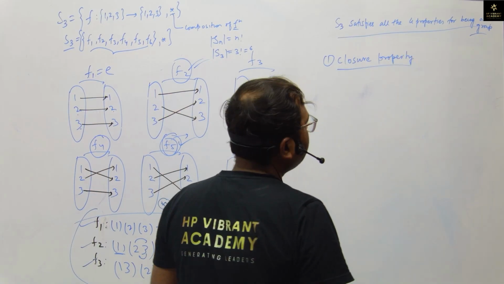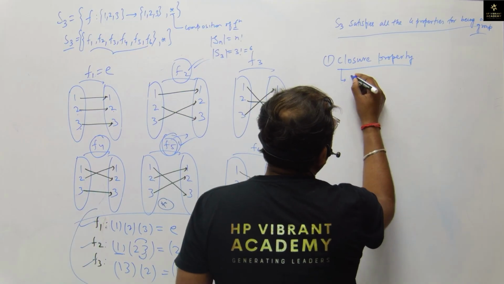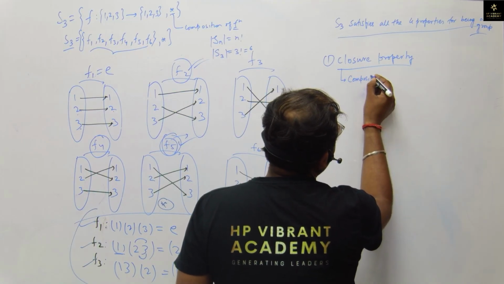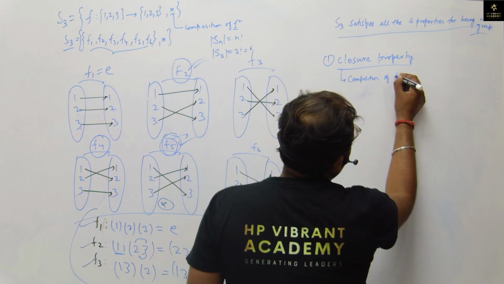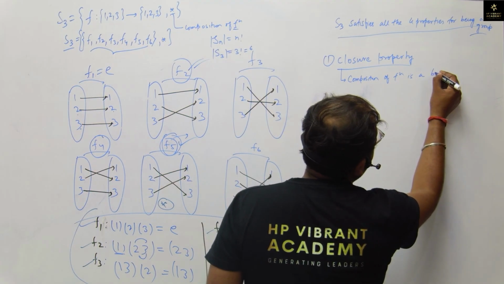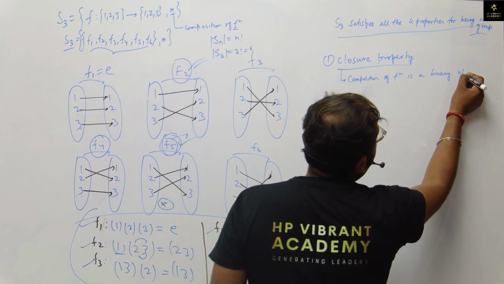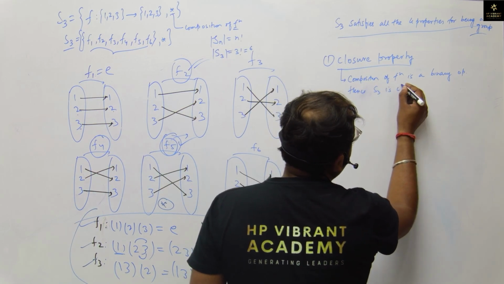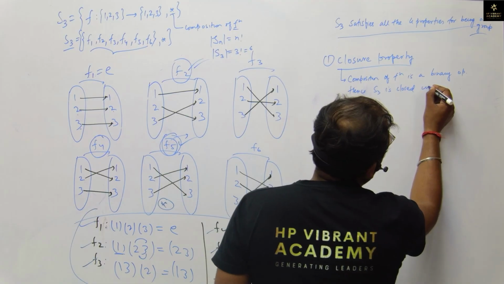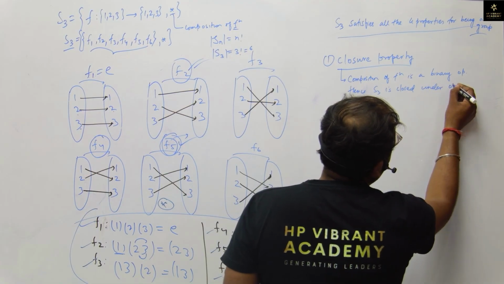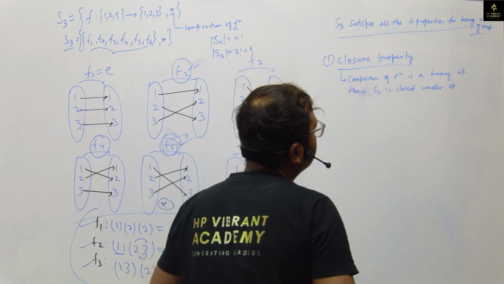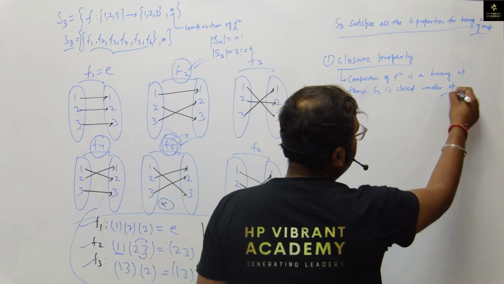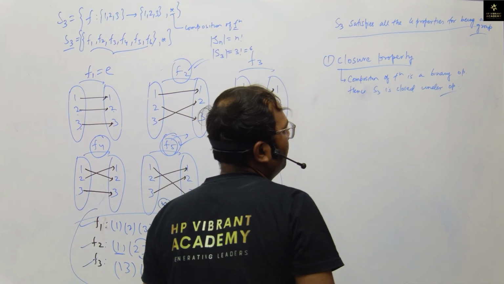So we have composition of function. Composition of function is a binary operation. Hence S3 is closed under the operation composition of function.